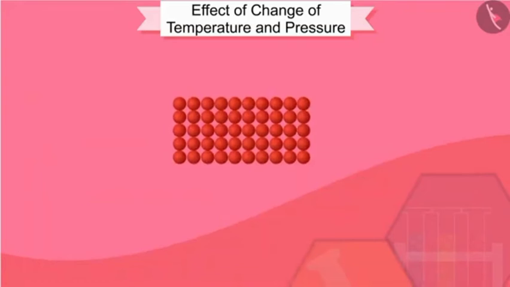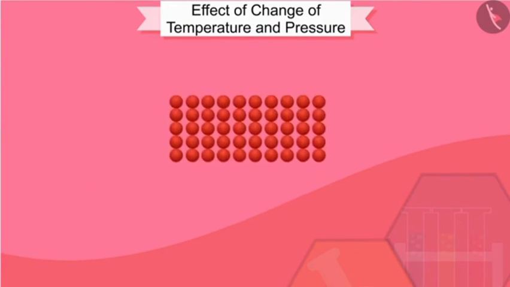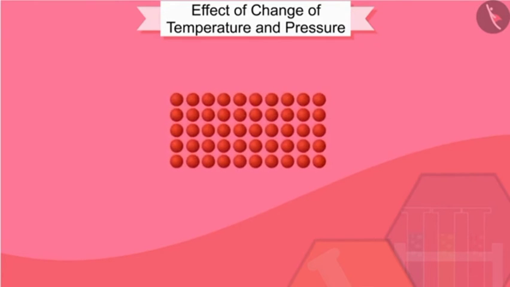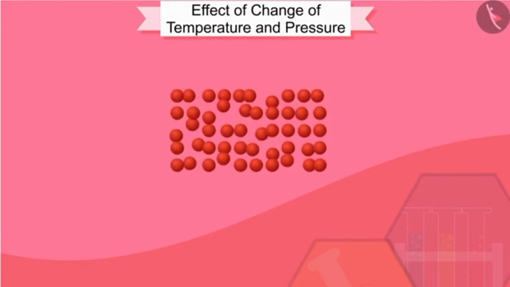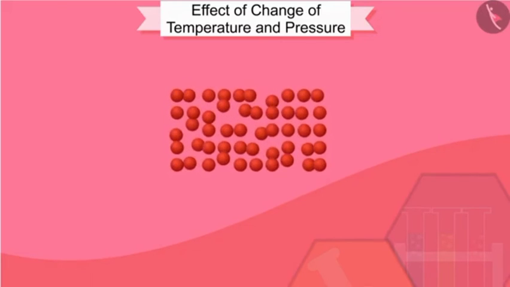We know that particles of matter are always moving and are never at rest. At a given temperature, in any gas, liquid or solid, there are particles with different amounts of kinetic energy.